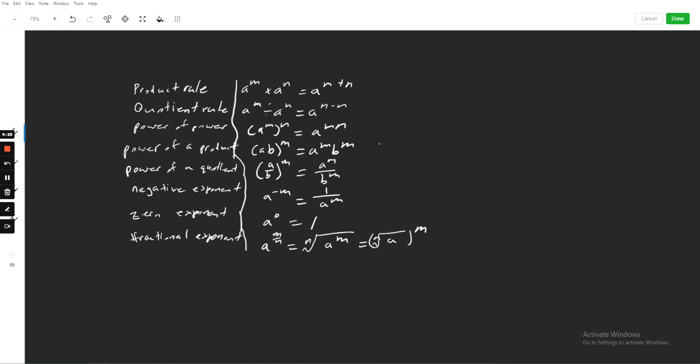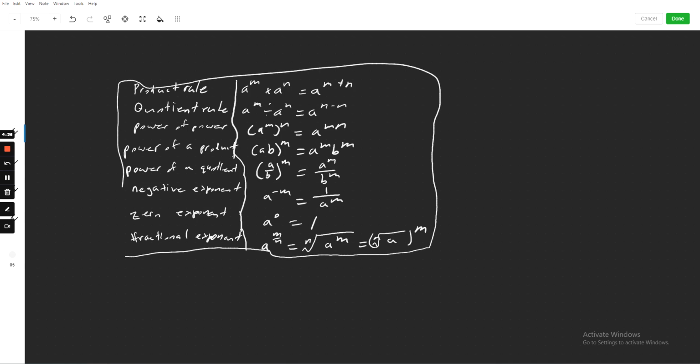So we can use these laws to solve the first example. The first example is x to the power 4 over x to the power 7. When we have a quotient, x to the power 4 divided by x to the power 7, we actually subtract.